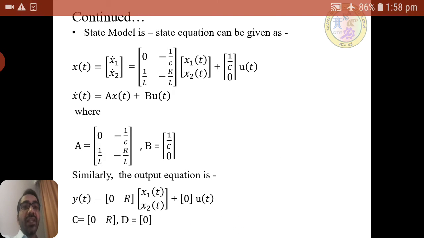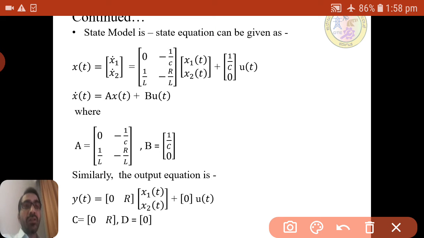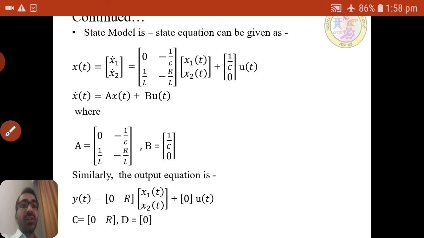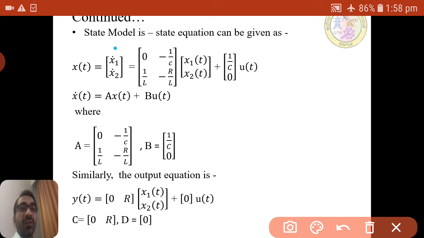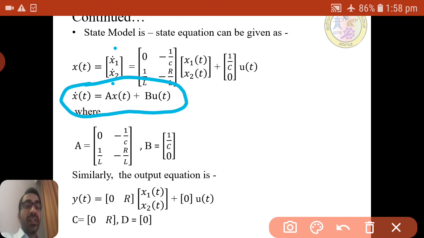Okay, from these state equations we can write the state model. The state variable x dot of t, there are two state variables, x1 dot and x2 dot, is equal to, and this is nothing but the standard form we have seen for the state equation, that is x dot of t is equal to A into x of t plus B into u of t.